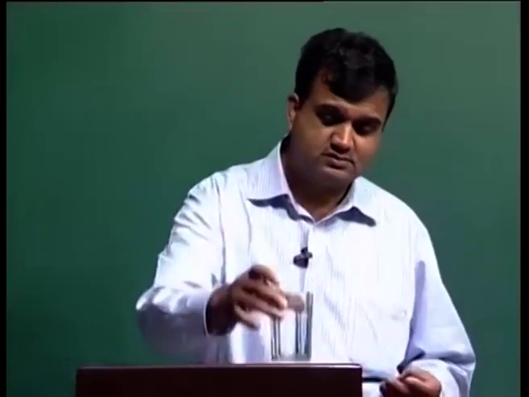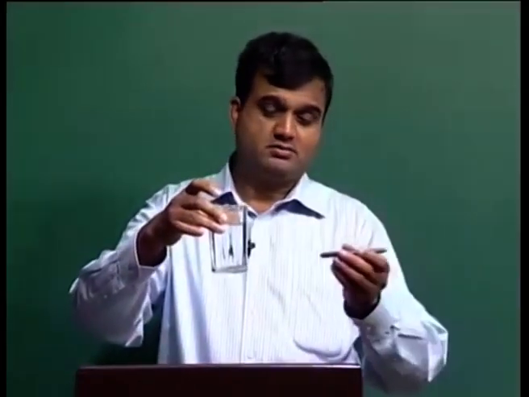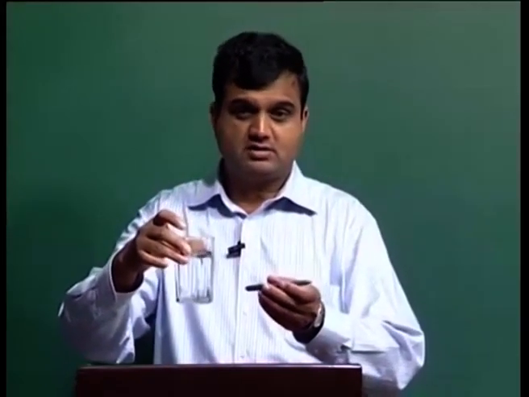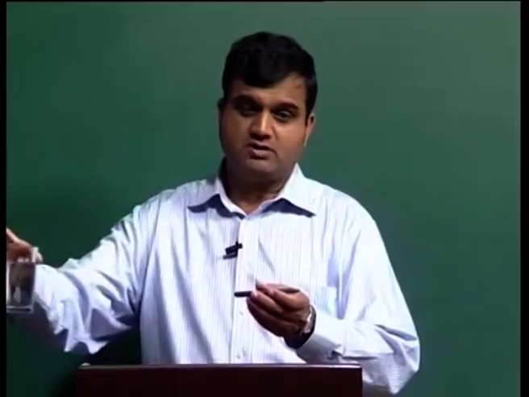For instance, if I have a glass and a moving mass hits it, initially the glass will shake, but after a certain time it will start moving steadily. So the initial response is called the transient part that dies over a period of time.